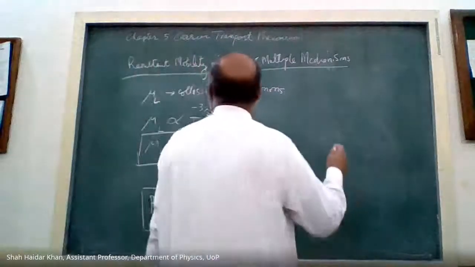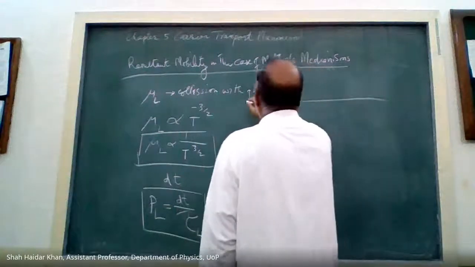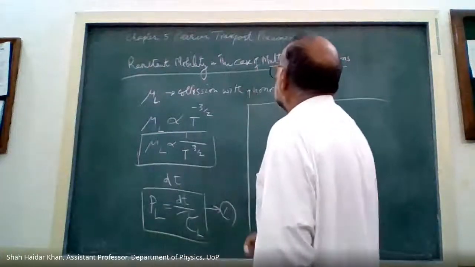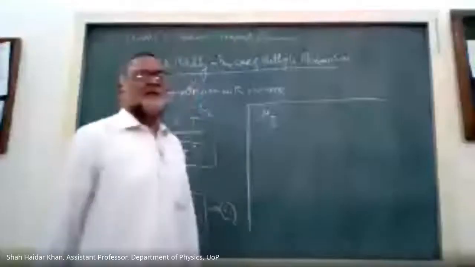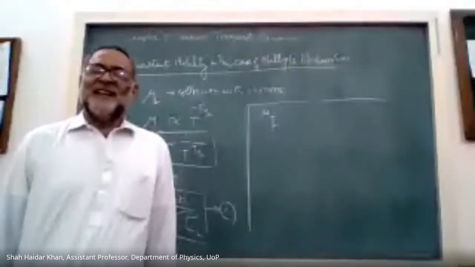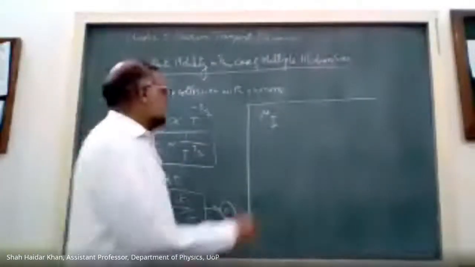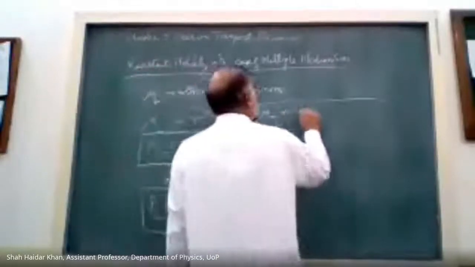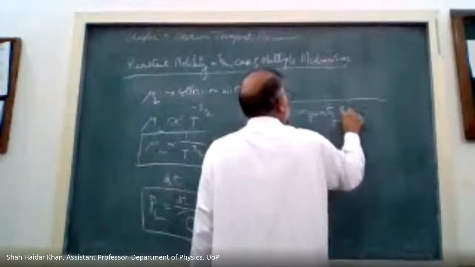Now the scattering mobility. Mu I is the mobility because of the impurities present, the change in mobility because of impurity atoms.